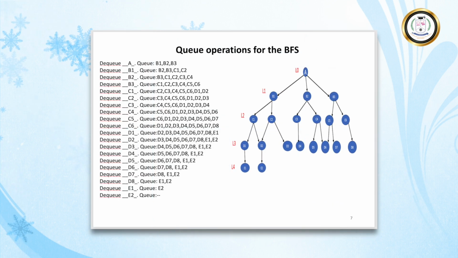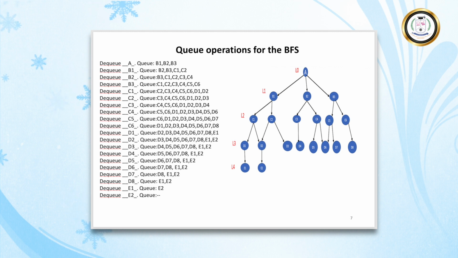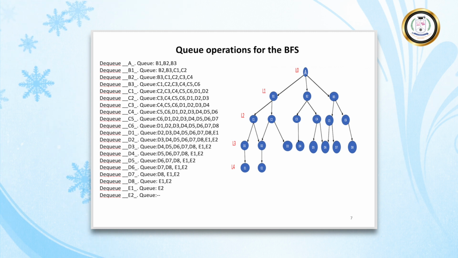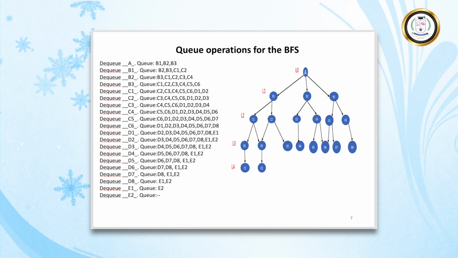In this graph, first extract the root node A and keep the child nodes of A, B1, B2, B3, in the queue. Next, dequeue B1 and keep the child nodes B2, B3, C1, C2 in the queue. C1 and C2 are child nodes of B1.